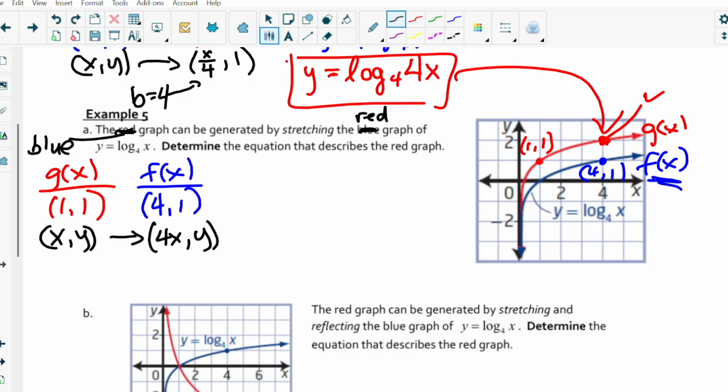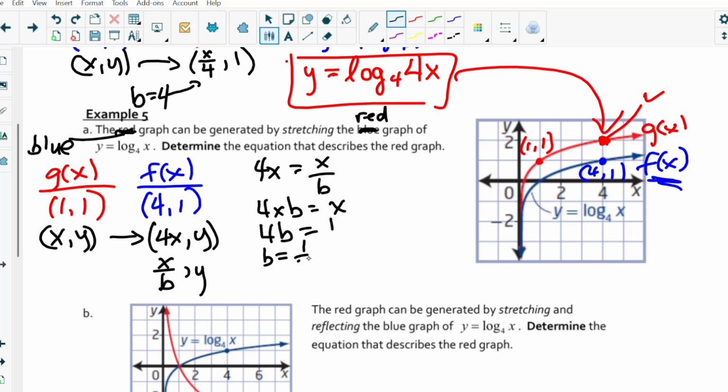So that is x over b, comma, y. Then what is the b value? So 4x equals x over b. X's cancel, 4b equals 1, b equals 1/4.